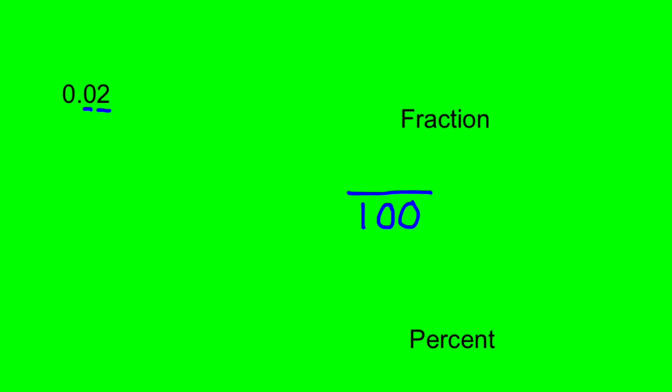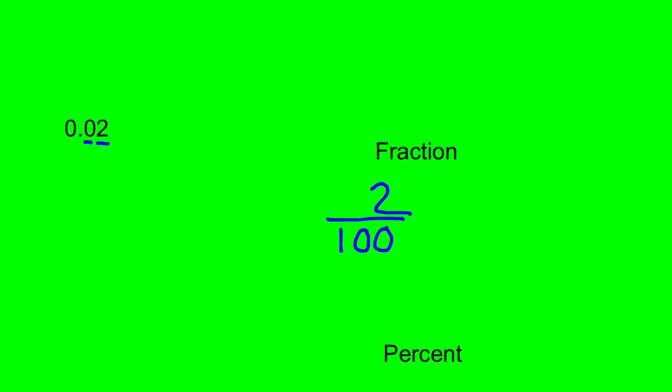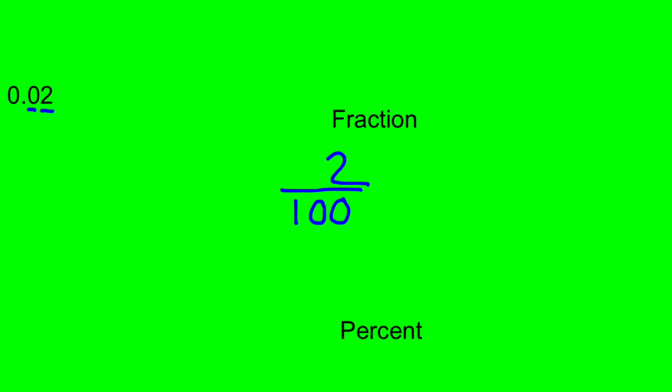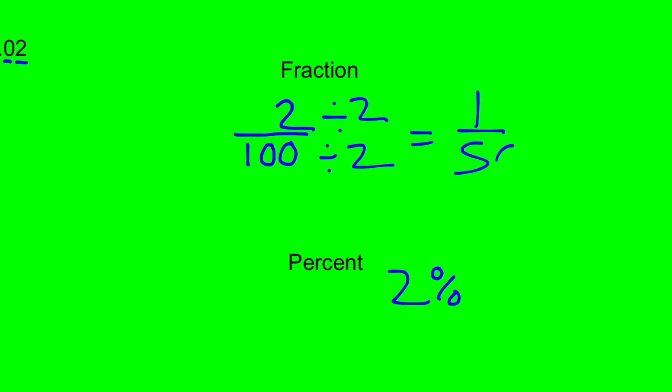And it's going to be 2 out of 100 because this is 2 in the hundredths spot. So 2 out of 100. 2 out of 100 means that's 2%. And if I want to make this fraction in simplest form, I divide the numerator and denominator by 2, and I get 1 over 50.